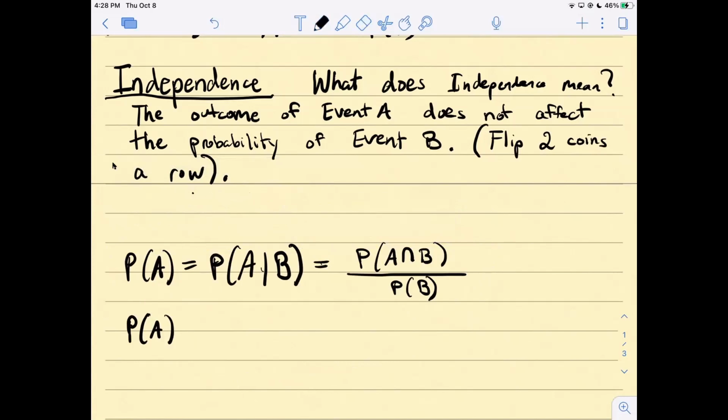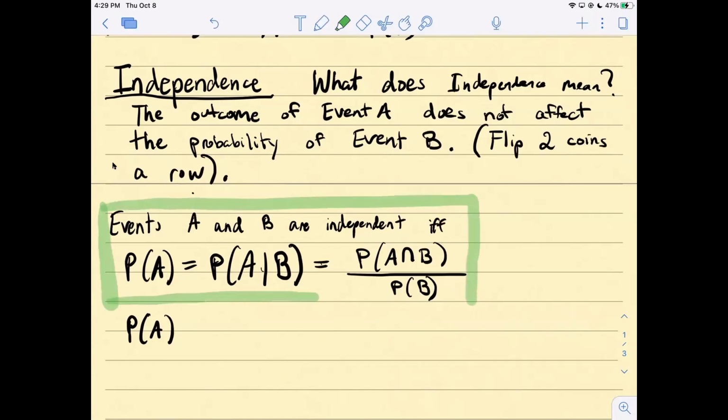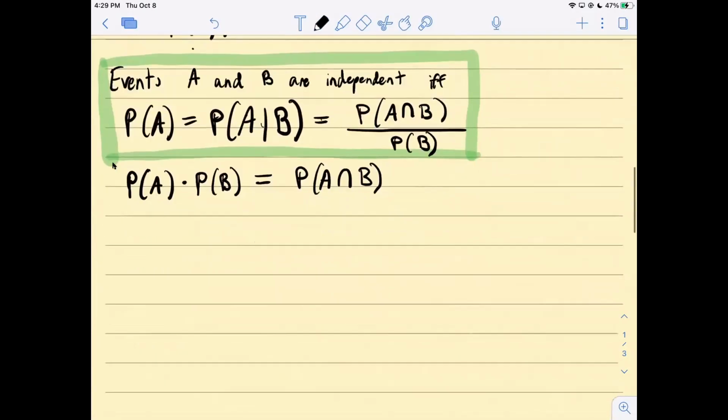So events A and B are independent if and only if, so this is the definition, or alternatively, rewriting this formula, you get P of A times P of B equals P of A intersect B, which we call the multiplication rule.